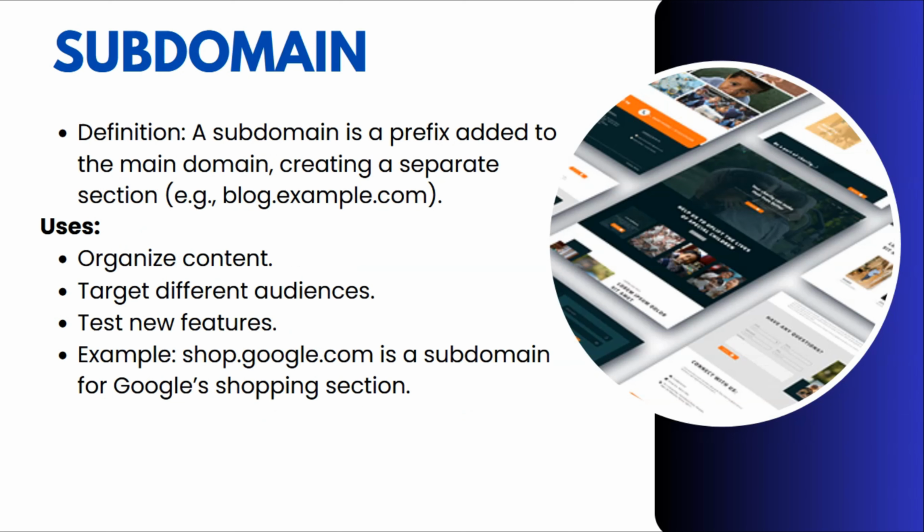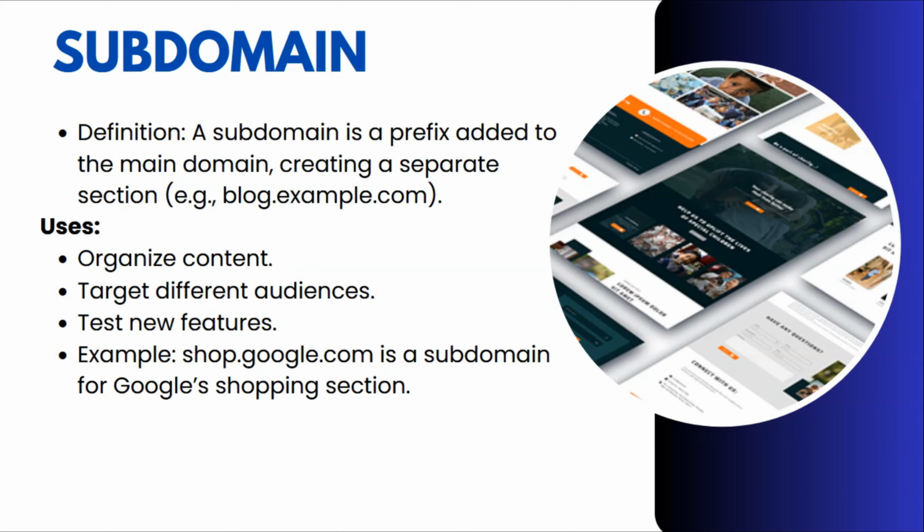Now, there's another thing that is called a subdomain. A subdomain is a prefix added to the main domain, creating a separate section. For example, blog.example.com or blog.yourwebsite.com. If you look at Google, Google has so many subdomains surrounding their platform. You can see something like shop.google.com.